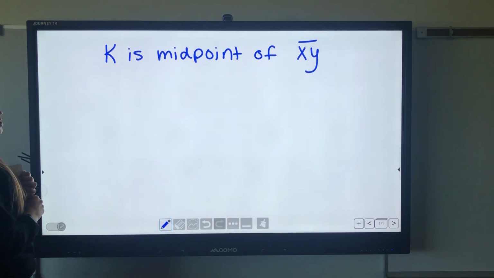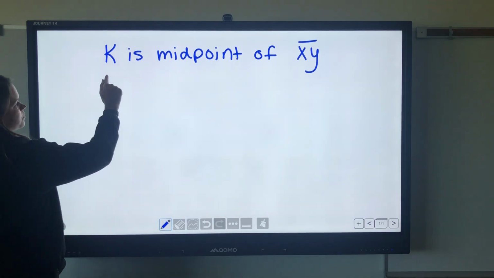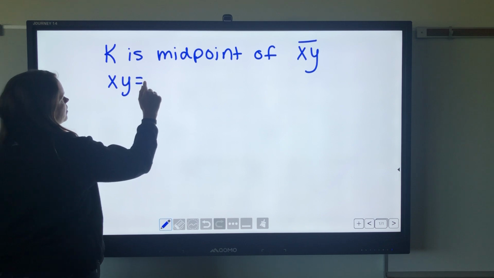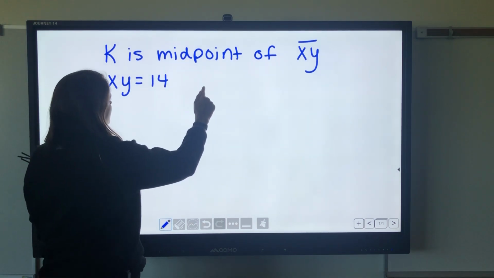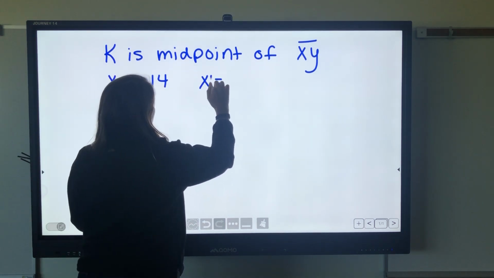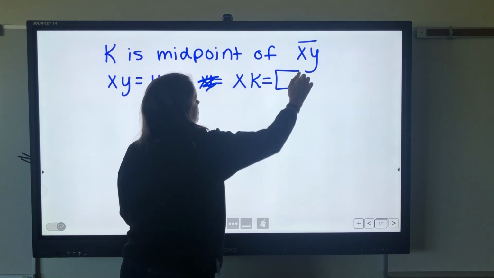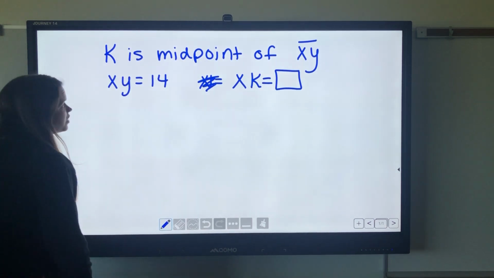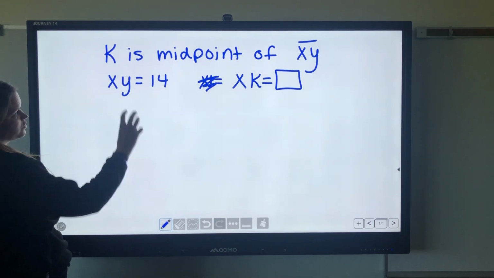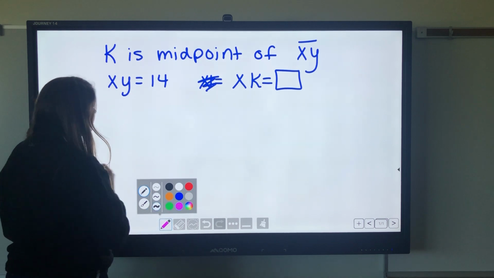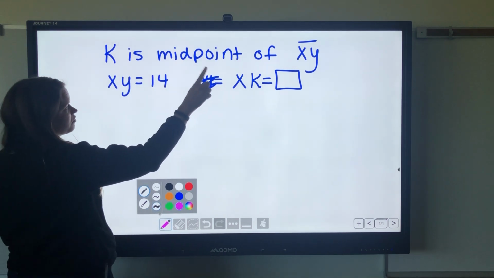They could give you some information, so let's say they said XY is 14. What would XK be? So again, don't try to figure out if it's 14 or 7 or 28, draw the picture. Draw whatever they just said. K is a midpoint of XY.